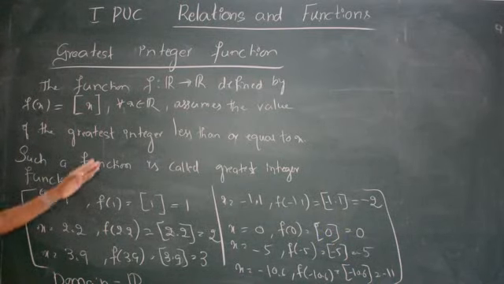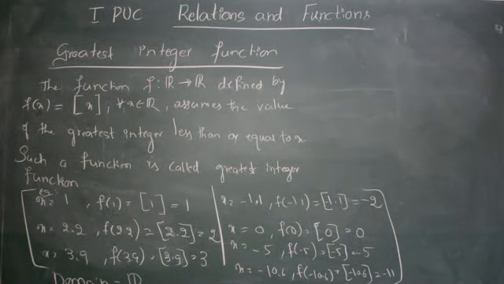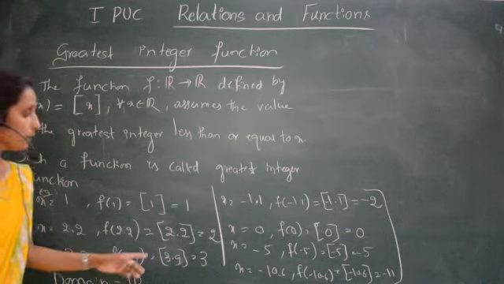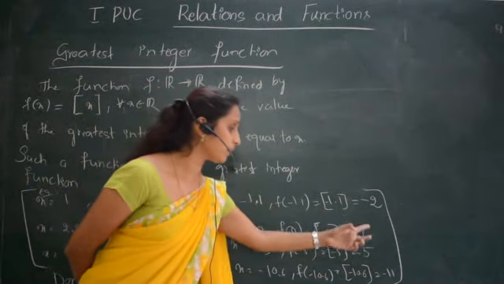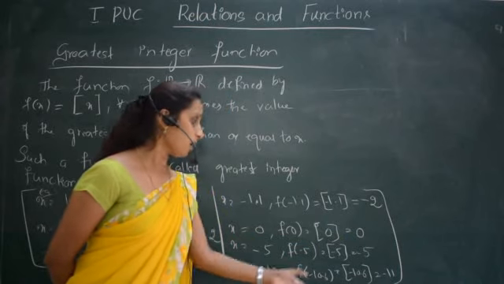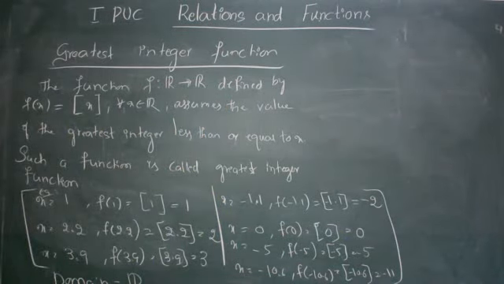So domain I have taken all the real numbers. Now what is the range? Range means the value we get for f of x, or the value we get for y. You can see, you can get 1, 2, 3, or you can get 0 also. You can get minus 1, minus 2, minus 3 up to minus 11, or all those values. That means we are not getting any fractions or decimals.